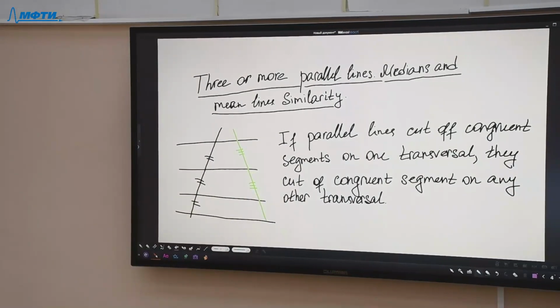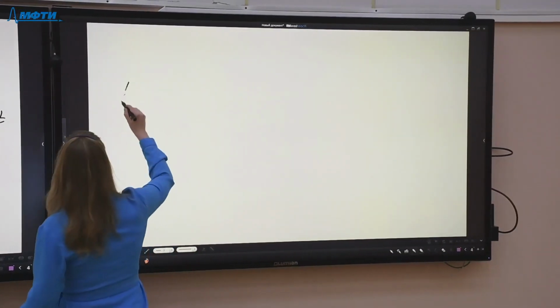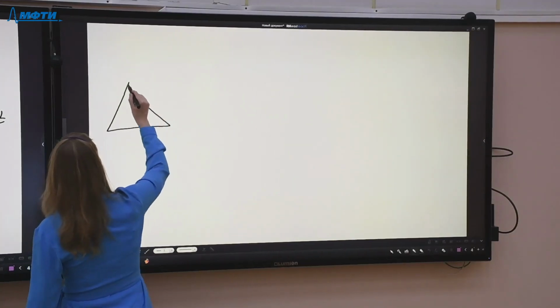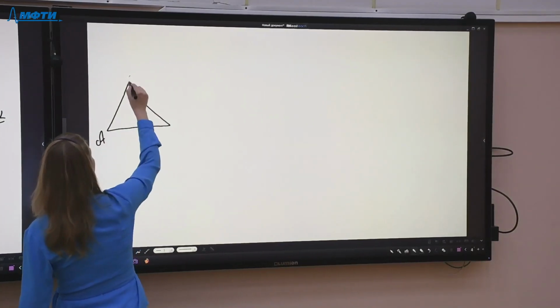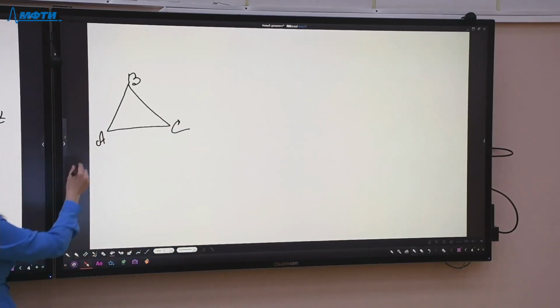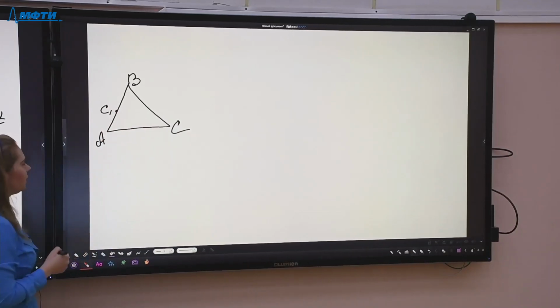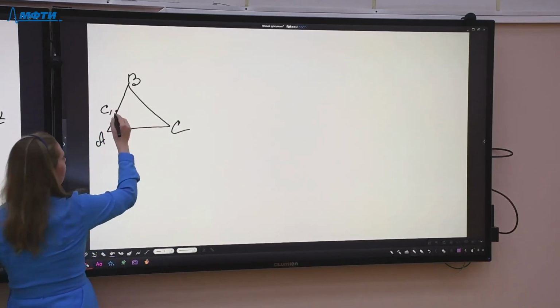Then, if we consider a triangle ABC, and we take a midpoint of AB here, let it be C1. Also, we take a midpoint here, A1.